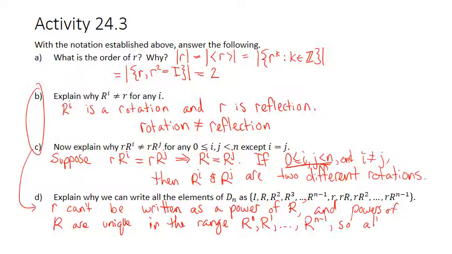So all these elements must be distinct from each other. None of them can be the same. And since they're all products of little r and big R, they must all be in the dihedral group.